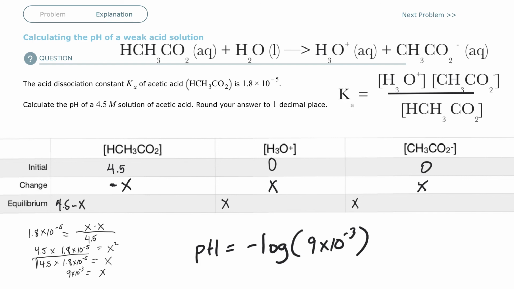So the negative log of 9 times 10 to the -3 gives 2.045757, blah blah. Now check for significant figures. Round it to 1 decimal place. So the pH is going to equal 2.0.